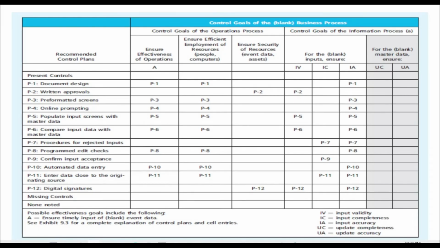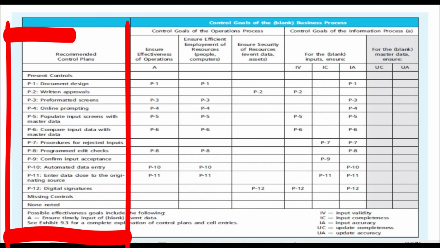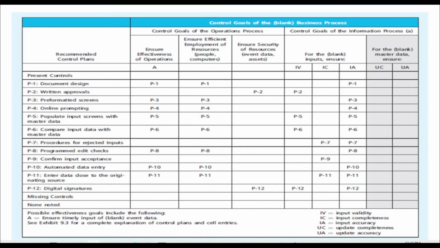Here is an illustration of the control matrix, matching the recommended control plans and then checking against these recommended control plans whether they are in place in the enterprise.